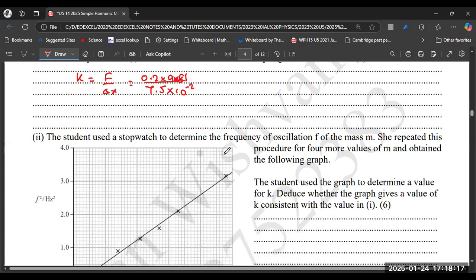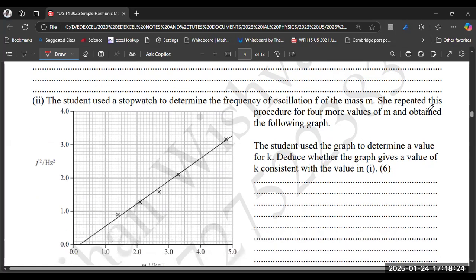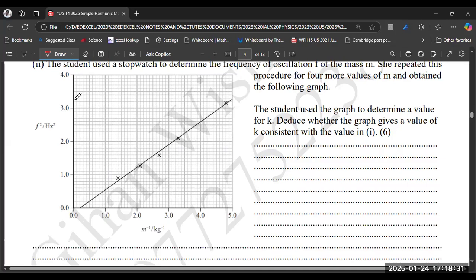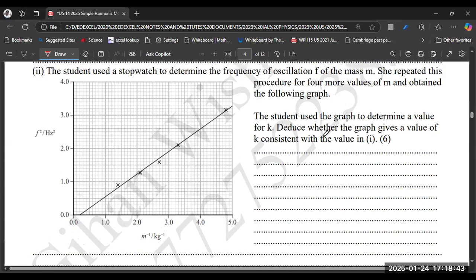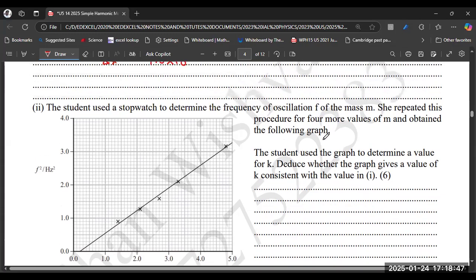The student used a stopwatch to determine the frequency of oscillation f of the mass m. She repeated this procedure for 4 more values of m and obtained the following graph. The student used the graph to determine the value for k. Deduce whether the graph gives the value for k consistent with the value in 1. 6 marks. So here what do they expect? They expect you to find the spring constant using the graph.